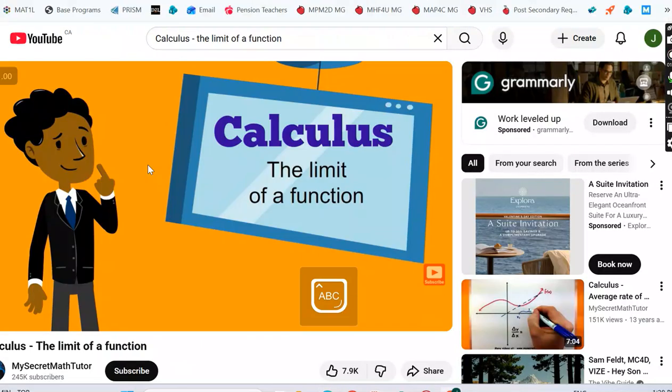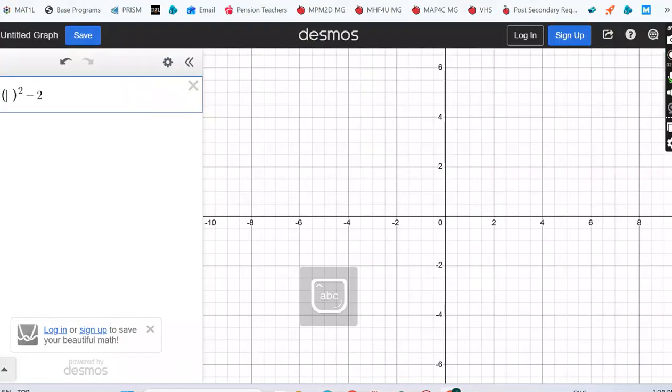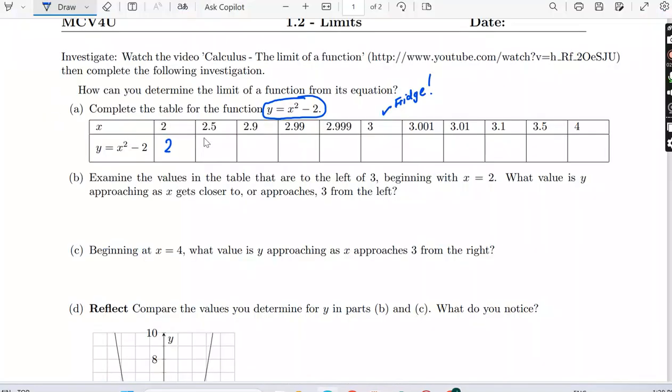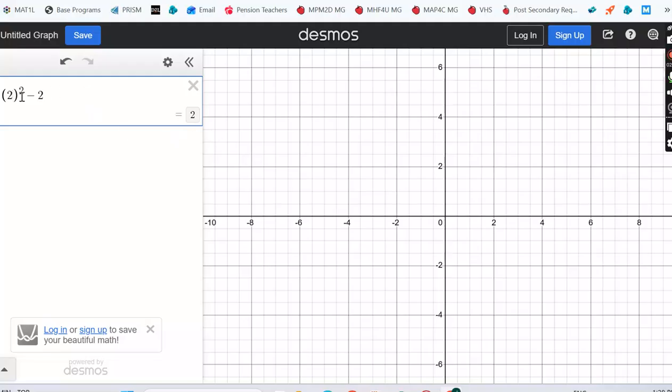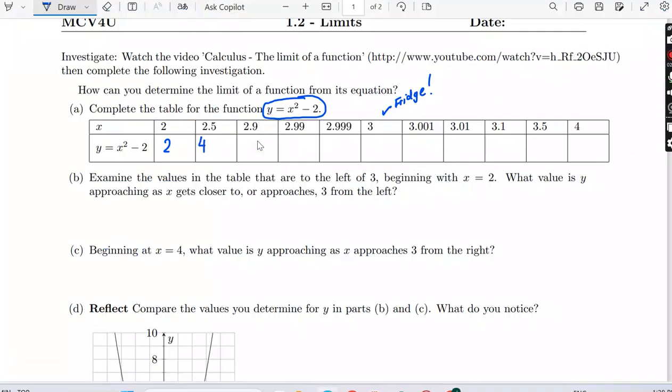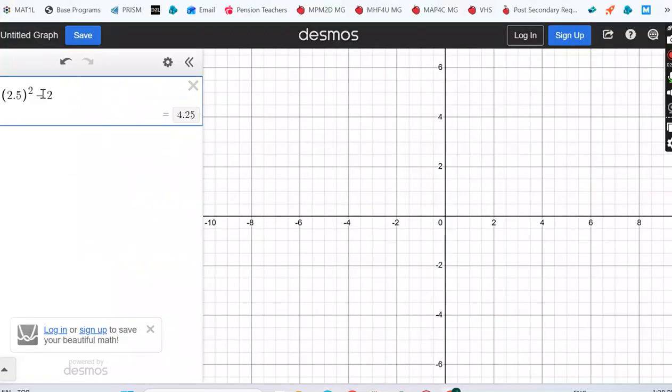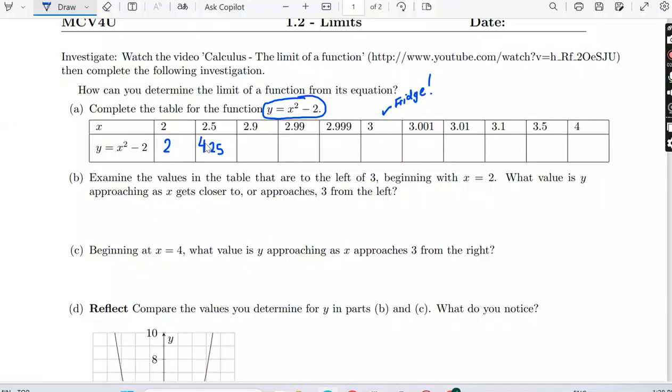Okay, so now I have Desmos open in the background. So 2 for x, and I'll get 2 squared minus 2 is 2. So I get 2. Okay, what if I replace it with 2.5? 4.25. Okay, replace it with 2.9 and I get 6.41.